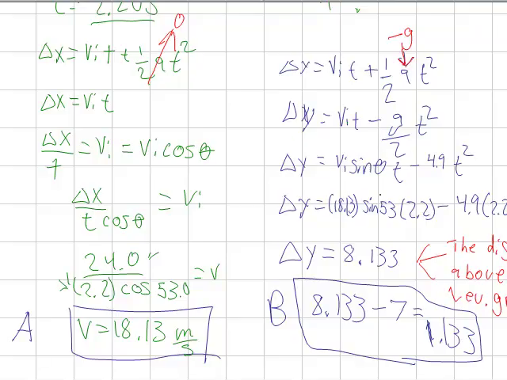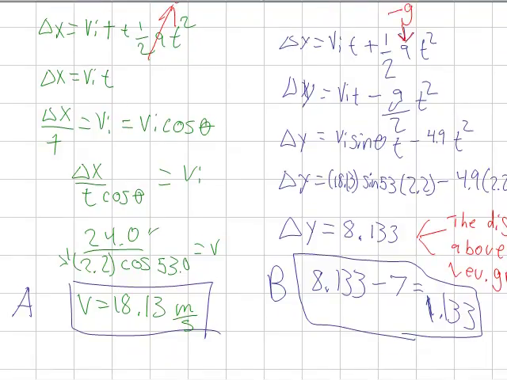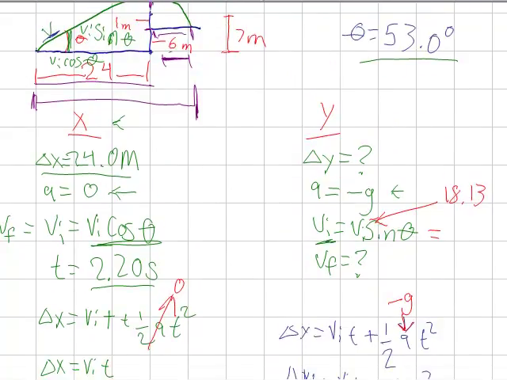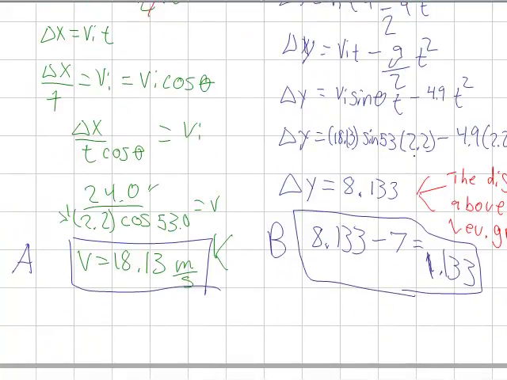So our velocity that we got from part A is 18.13. We plug that in and multiply it times sine of 53, which is our initial velocity in the y, times time minus 1/2 gravity times 2.2 squared.